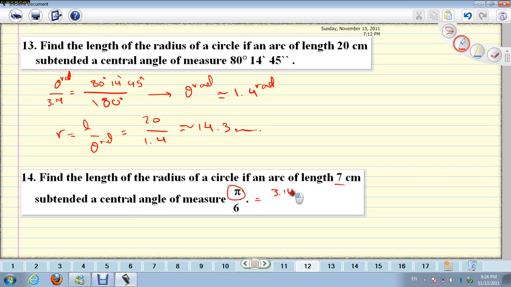So 3.14 over 6, which is 0.52 rad. Now I'm gonna get the radius, so radius equals 7 over 0.52. The answer is approximately 13.4 centimeters.